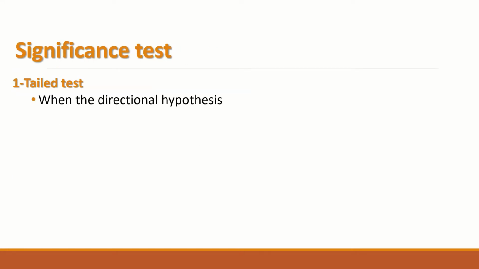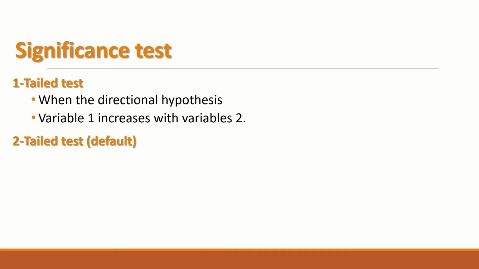Now, when we do the test for correlation, you have a choice to go for a significance test, either a one-tailed test or a two-tailed test. When the direction of the relationship between the two variables is known, whether it is positive or negative, then a directional hypothesis can be used and a one-tailed test can be used.